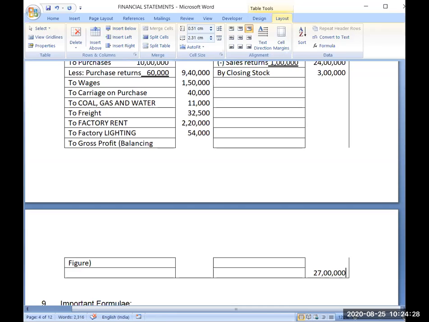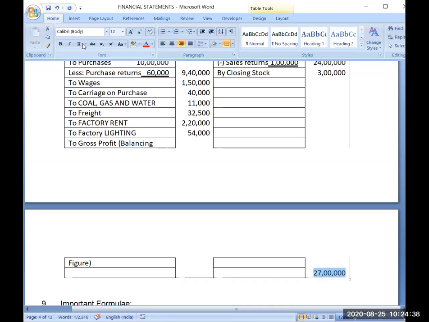Then the second thing is that whenever you are doing a total in accountancy, you have to double underline it. This way. Now the same total will be copied on the opposite side. So I will copy it here.